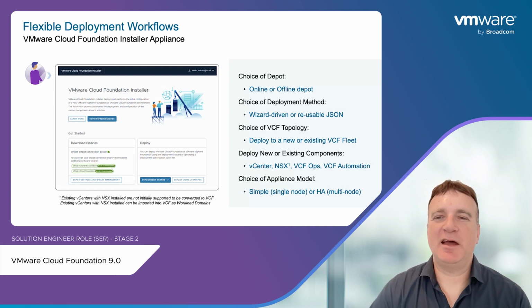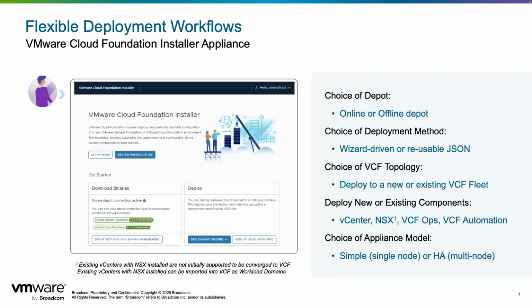The customer then has the option to use the online depot, or they can configure their own private offline depot. With an offline depot, the software binaries only need to be downloaded once, which is very handy when managing multiple VCF instances. Once the software binaries have been downloaded, the appliance can be used to deploy VCF or VVF.